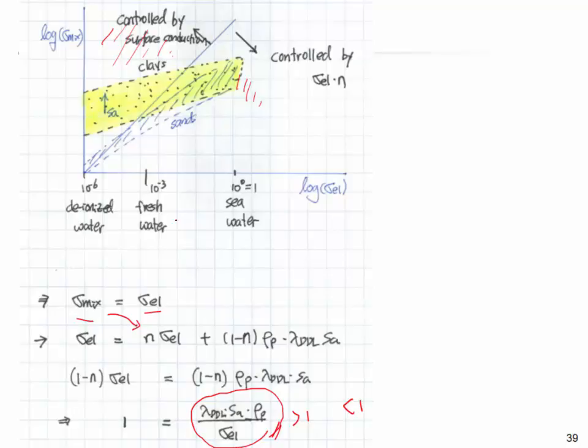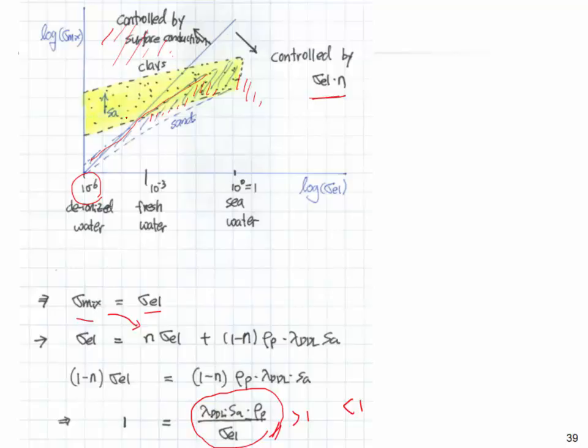And this is the log scale, so DI water electrolyte conductivity is 10 to the negative 6, fresh water 10 to the minus 3, and sea water is about 1. And here, this is the sand case, and this is around here. So you can see that for the fresh water and the sea water in the field, generally the electric conductivity of the sand is controlled by the pore water's electric conductivity.